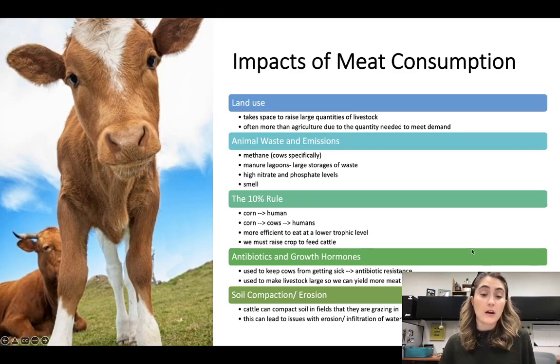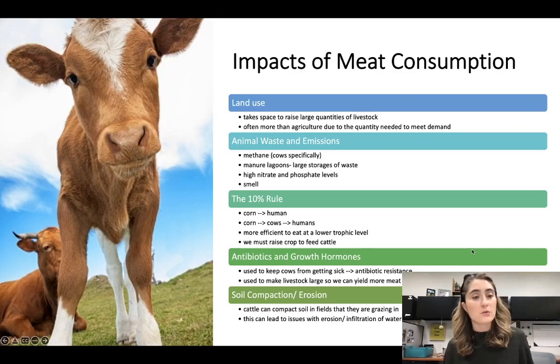Additionally, antibiotics and growth hormones. I keep using cows, but really any type of livestock that's being raised in a really concentrated area, in close proximity to each other, are probably going to have some type of antibiotic or growth hormone given to them. The antibiotics, of course, are used to keep the cows from getting sick because they're living in such close quarters. This, of course, can cause antibiotic resistance.